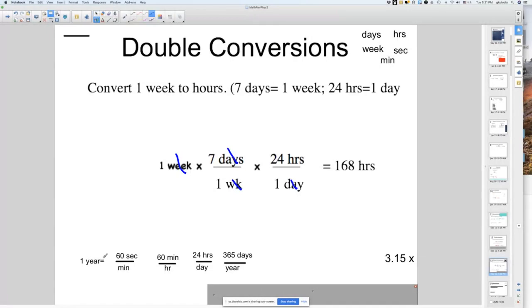Don't forget there's a multiplication sign here. This 1 year equals this times that times that times that.